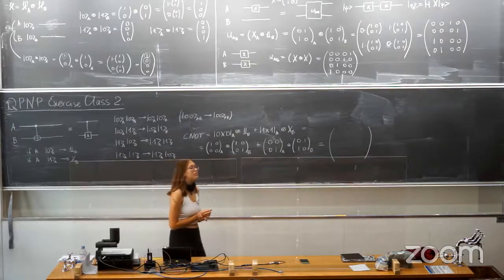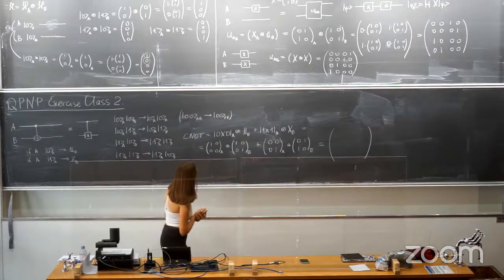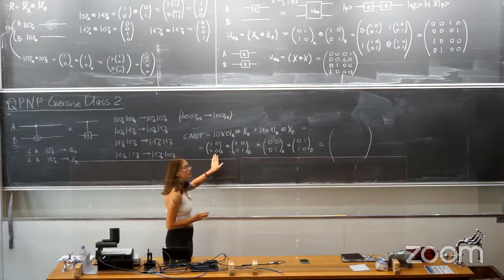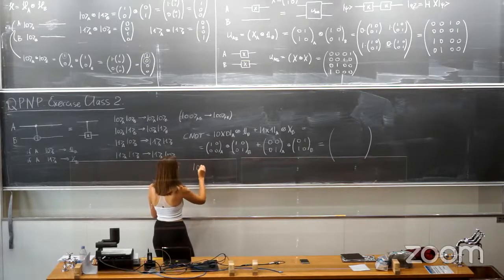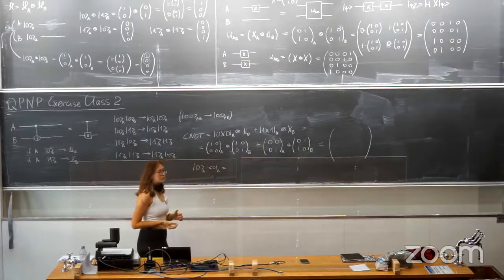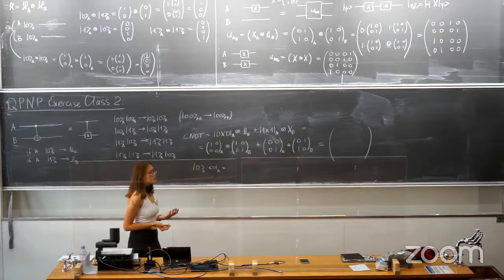Why do we have the matrix form of A here? For example, why not a state, why not a constant? So here, since we have this object, this is the matrix representation of the state 0 on A, and this will become important when we introduce the concept of density matrices, which are also a valid description of quantum states.